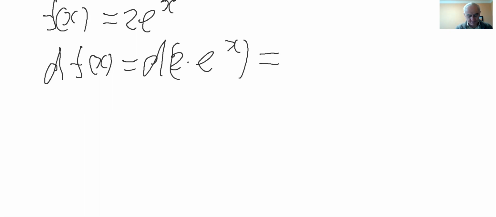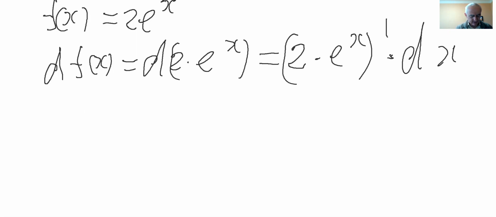So it's 2 times e to power x, derivative multiplied by dx. And now we need just to find derivative of 2 times e to power x. And what is this derivative? Is it not the same? 2 times e to power x.